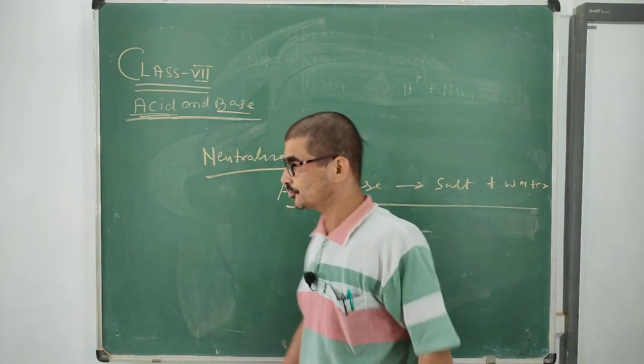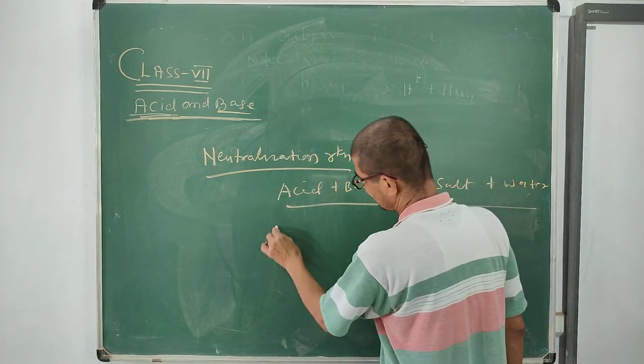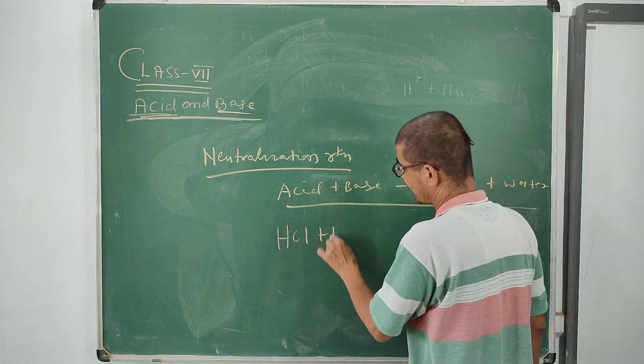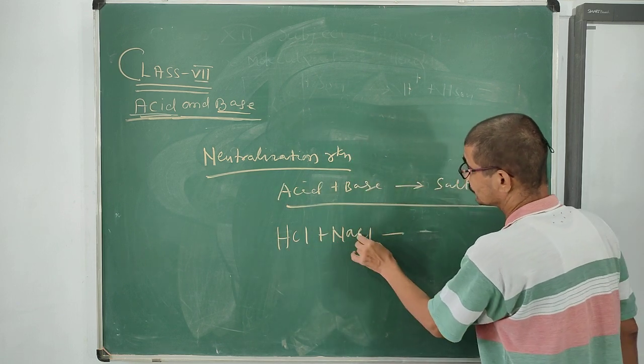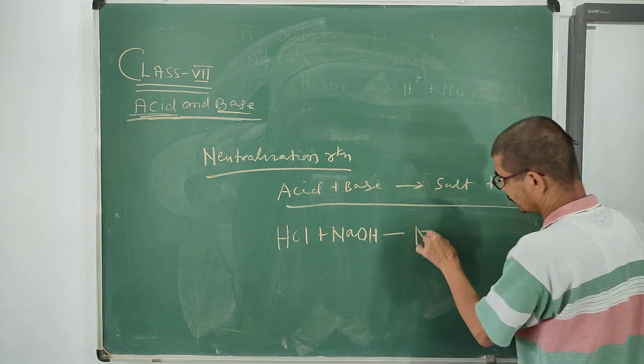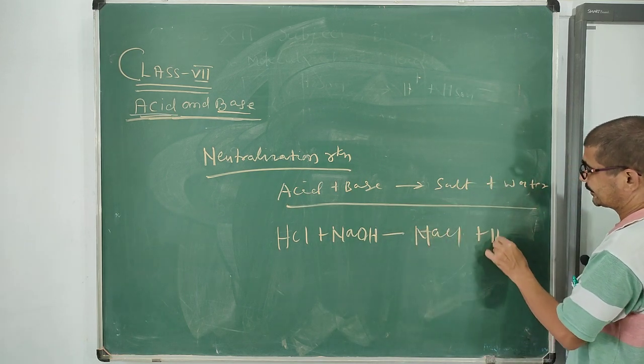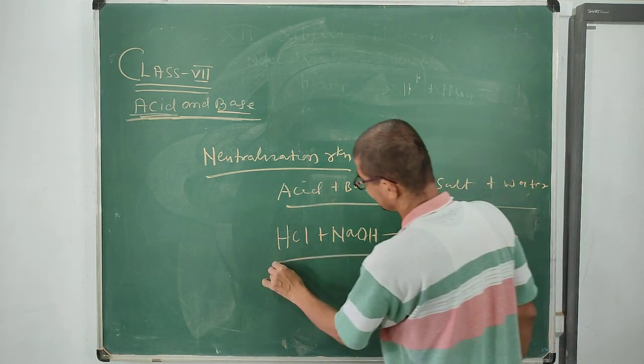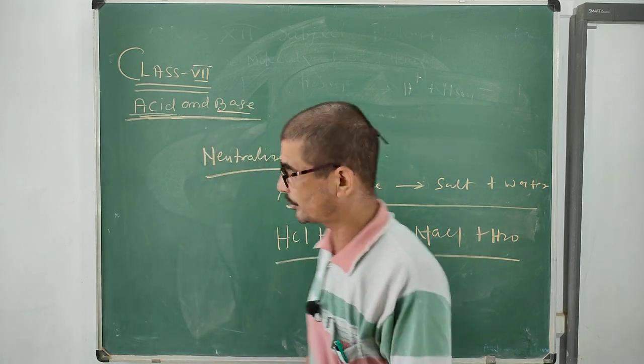For example, hydrochloric acid reacts with sodium hydroxide to form sodium chloride and water. So this is called a neutralization reaction because acid reacts with base to form salt and water.